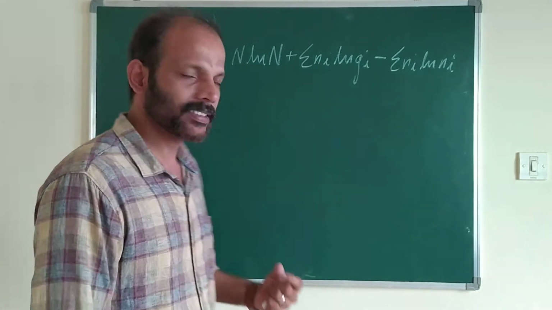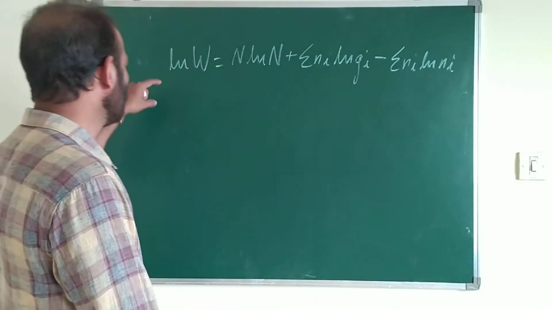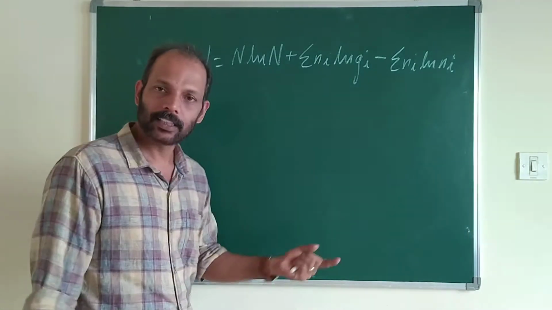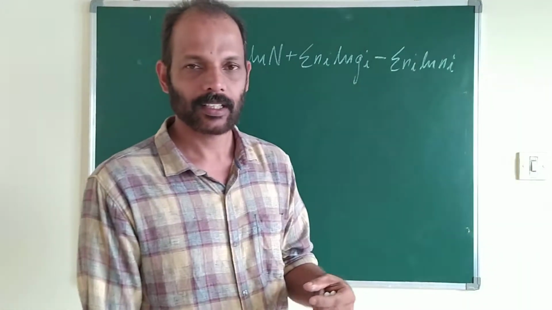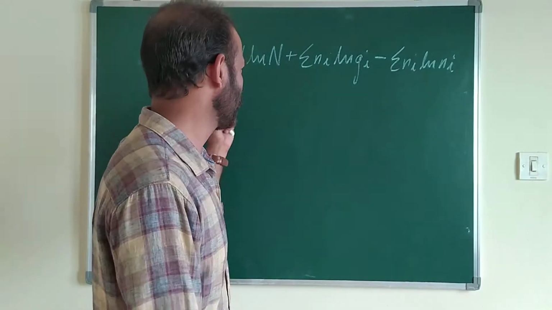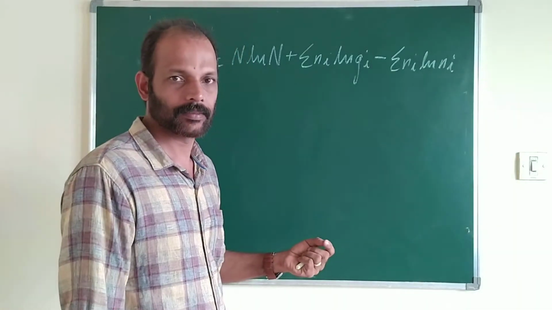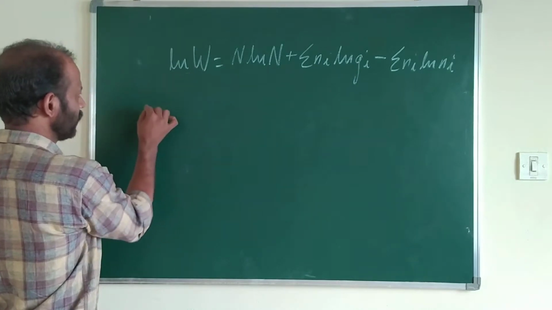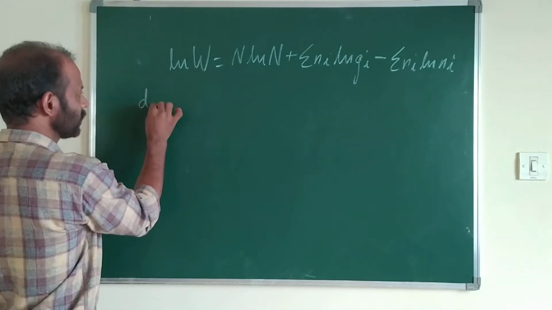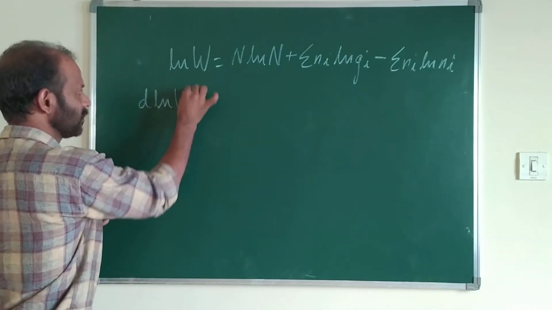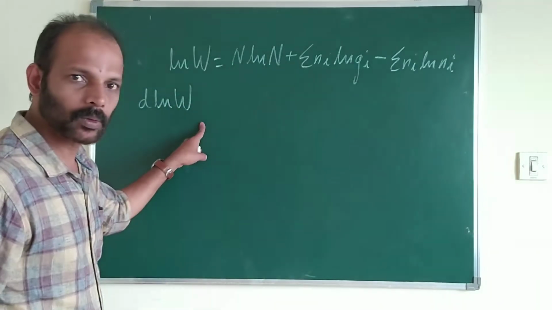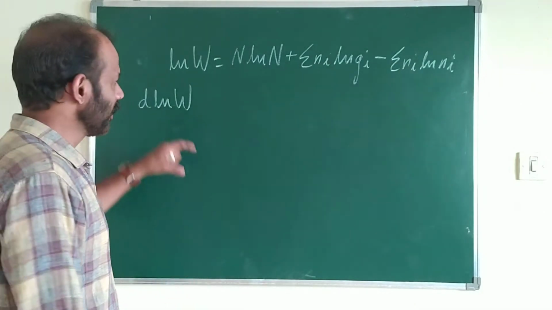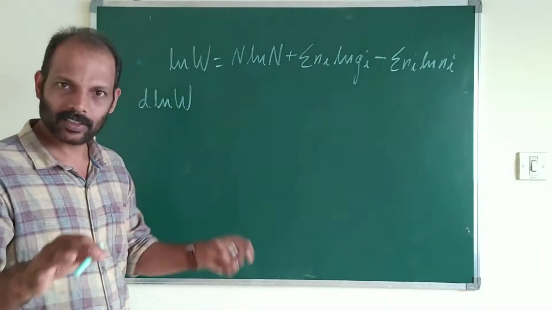And we discussed that at a maximum value, the derivative of a function becomes 0. At a maximum value, the derivative of a function vanishes. So, when we differentiate this, it becomes 0, because the maximum value of a function is always constant.